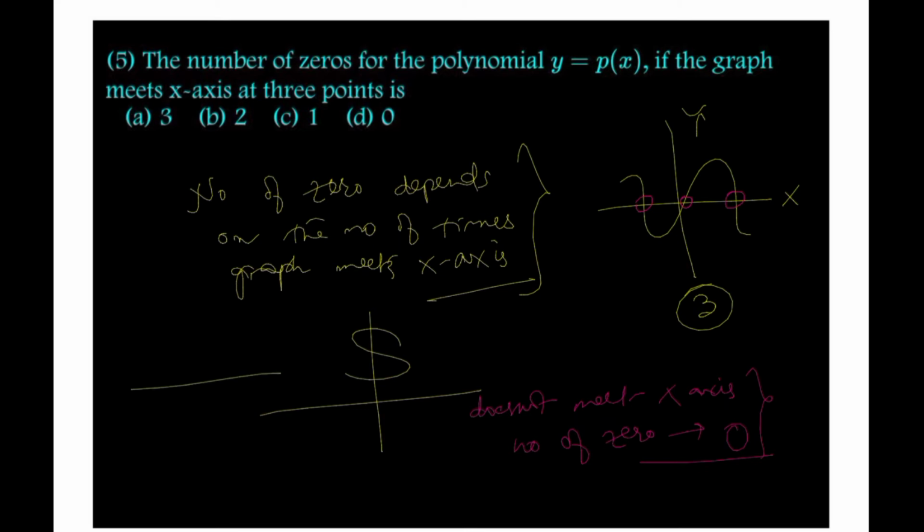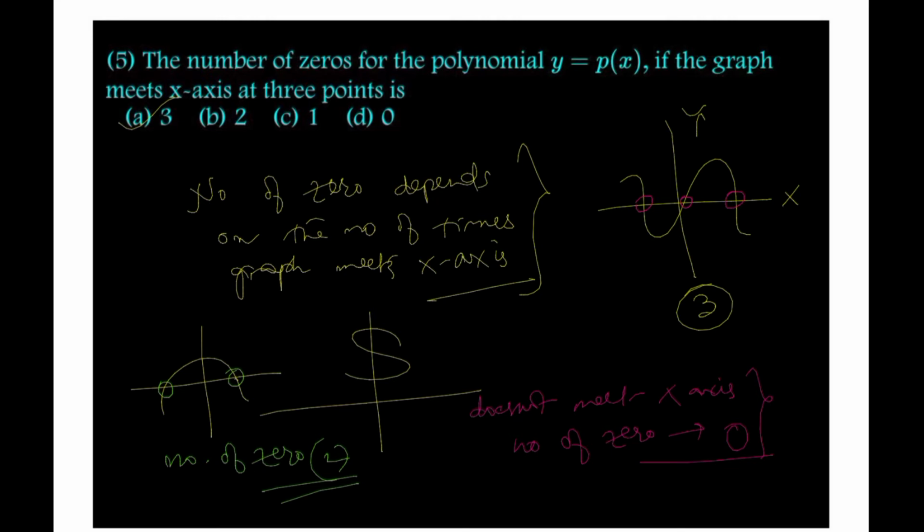Let's take another example, x-axis, y-axis, and this is the graph. Now here you can see that in 2 points, let me mark them, this is 1 point and this is another point, the graph meets the x-axis, so the number of zeros will be 2 in this case. So the answer will be 3 since the graph meets the x-axis at 3 points. So option A will be the correct answer.